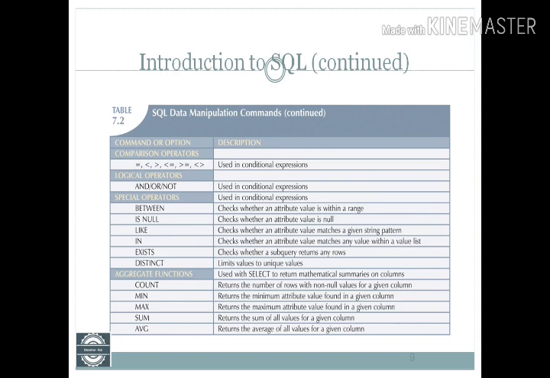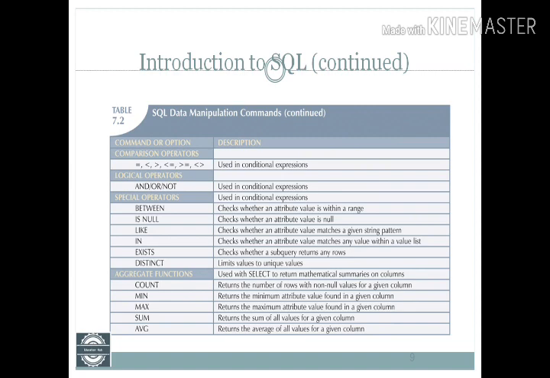Now see here, some data manipulation operators are also given for the conditions we try to give: greater than, lesser than, greater than or equal to, lesser than or equal to, not equal to. These types of operators we need.